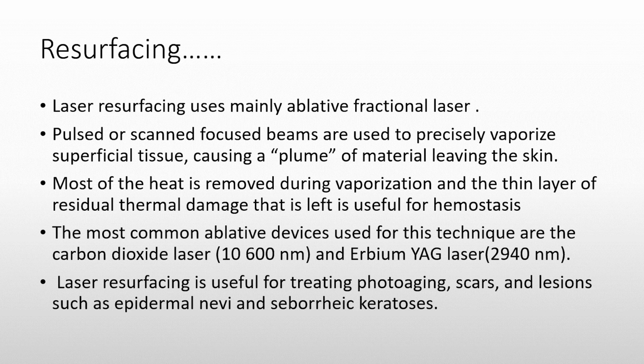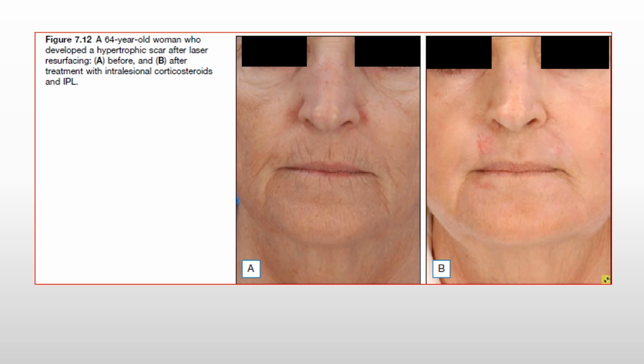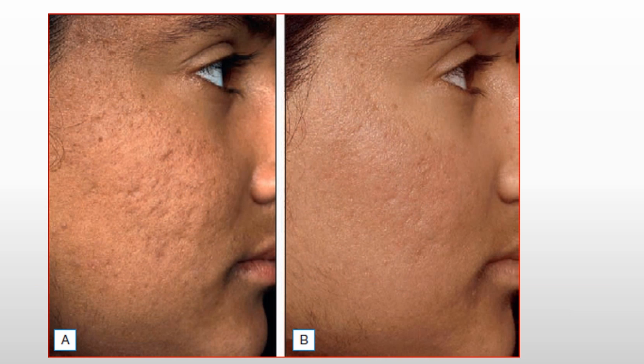The most common ablative lasers used in this procedure are the carbon dioxide laser and the erbium laser. Laser resurfacing is useful for treating photoaging, acne scars, and various epidermal keratoses, etc. These are a few pictures showing successful resurfacing, and this is a patient who has been treated with CO2 laser for acne scars.